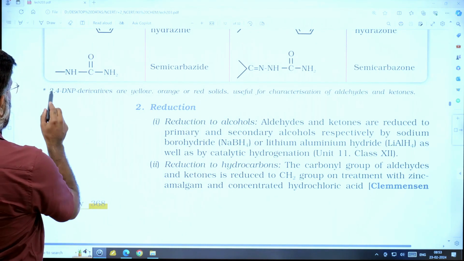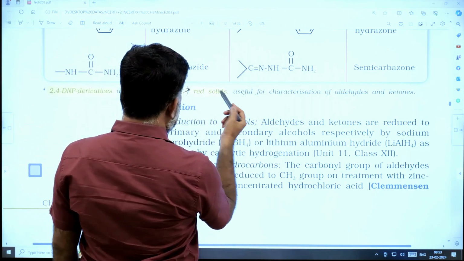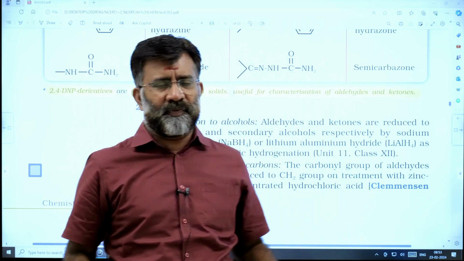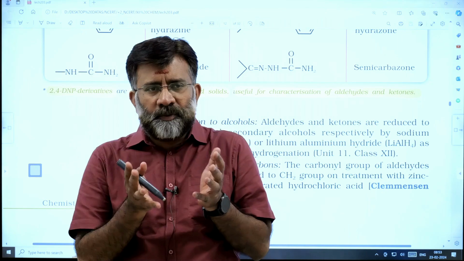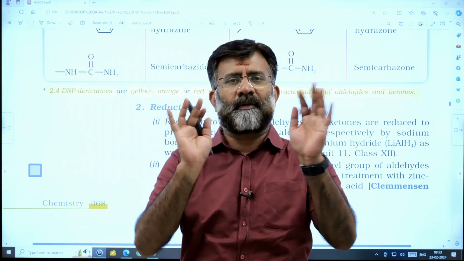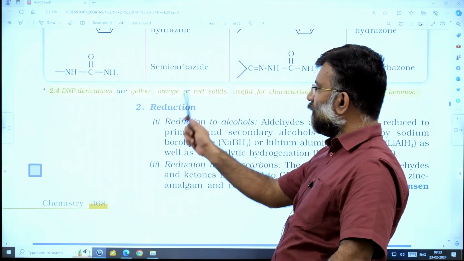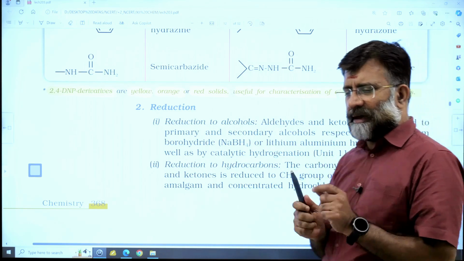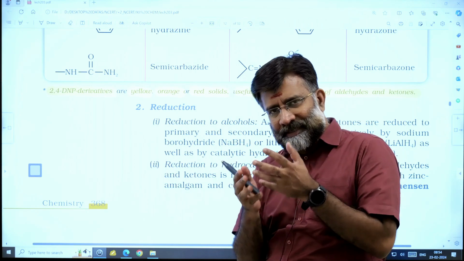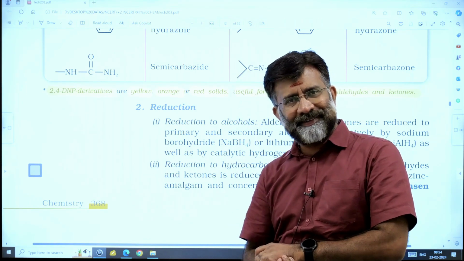You can see 2,4-DNP derivatives are yellow, orange or red solids useful for the characterization of aldehydes and ketones. 2,4-DNP, known as Borche's reagent or Brady's reagent, that is the importance of that reagent and the reaction. The obtained products are yellow, orange or red solids with a characteristic sharp melting point, and can be used for characterization of aldehydes and ketones. That is the importance.